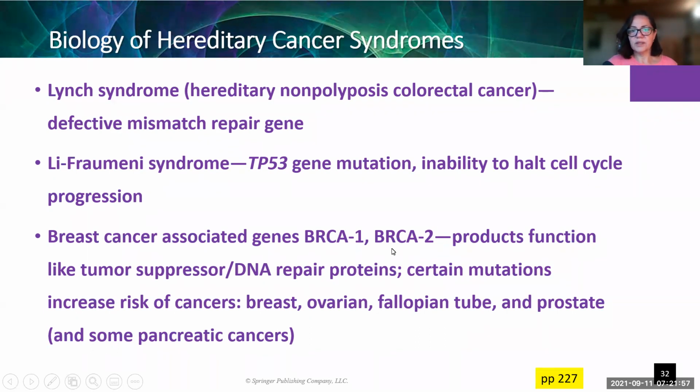The proteins that are made from those genes work like tumor suppressors. And if somebody has a mutation in one of those, that tumor suppressor is not working. So again, it's no guarantee that a cancer will develop, but it's a head start on developing a cancer. Here's the regular list. And then, as we discovered a couple weeks ago, some pancreatic cancers we find are also associated with the BRCA1 and BRCA2 gene mutations.